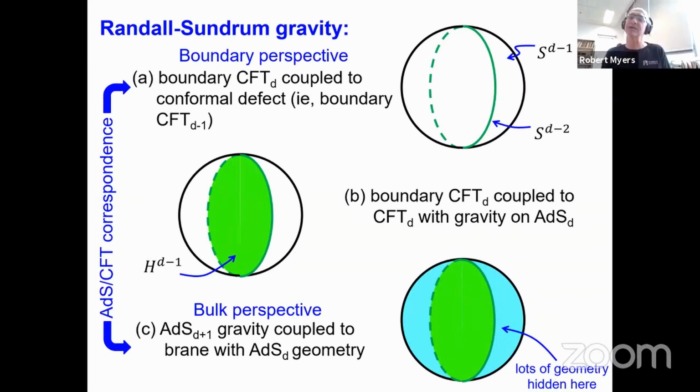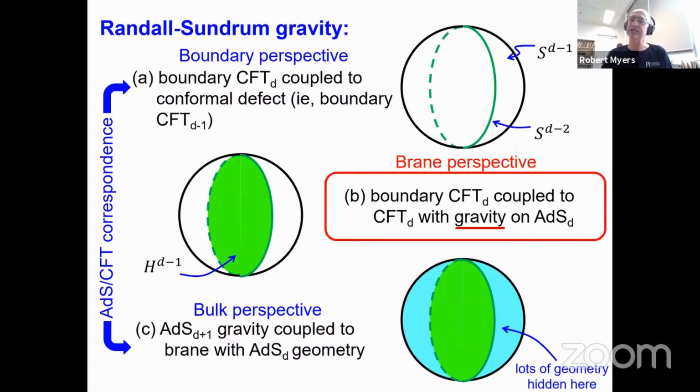However, the remarkable thing is that we can use Randall-Sundrum gravity to have this third description. If you like, what I'm doing is I'm only doing the holography to the conformal field theory on the defect, and I'm describing it with a gravity in this AdS, well, in this subslice or this slice, which itself is an AdS region. It's also true that in that gravity theory, there are matter degrees of freedom that are running around that are a copy, if you like, of the boundary CFT.